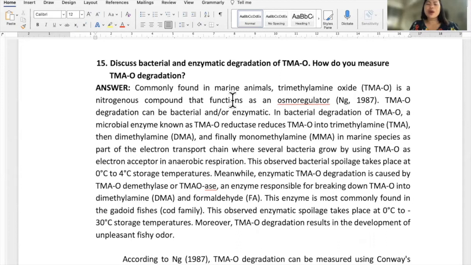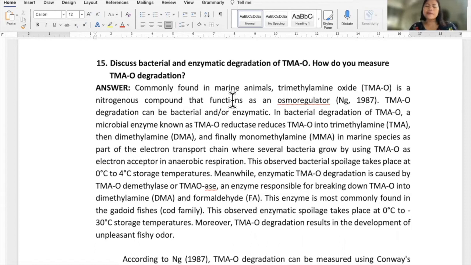So, TMAO degradation also leads to the development of an unpleasant fishy odor. This degradation can be caused by an enzyme, or can also be due to bacterial degradation.